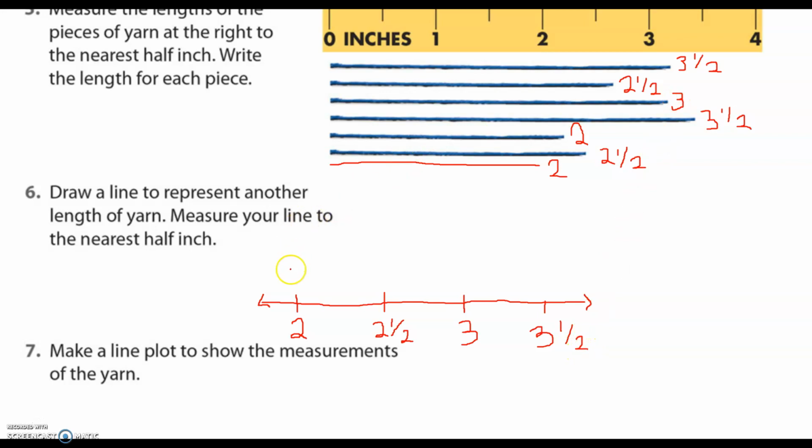I'm looking for pieces of yarn that are 2 inches. We have 1, 2 pieces. So I'm going to make 2 marks above the 2. Now let's look for 2.5 inch pieces. 1, 2.